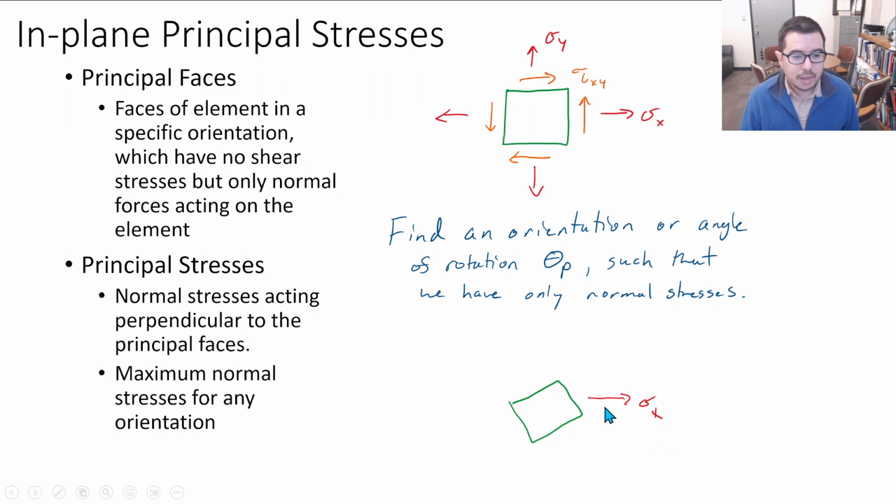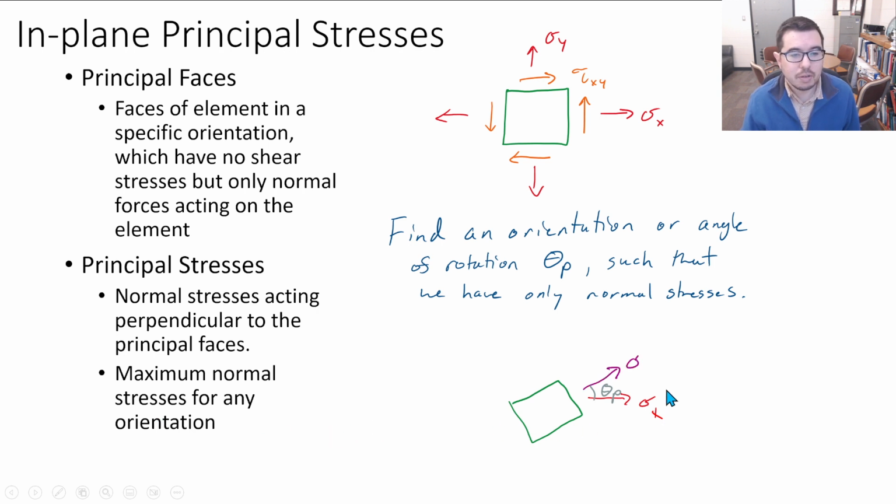And we would have had some sigma x potentially initially, right? And if there's a tau xy present here, that then means that these are not principal faces. If tau xy is equal to 0, then yes, these sigma x and sigma y would be principal faces, because what we're saying is that we have normal stresses acting perpendicular to the principal faces, and there is no shear stress.